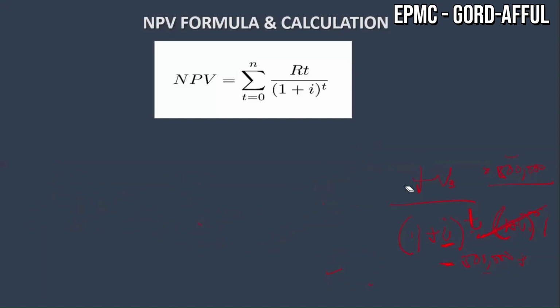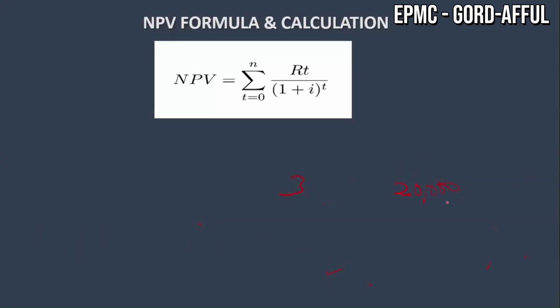You see another example for you to understand, but I want you to know how to work these ones out. So imagine, let's assume in year 3, we're expecting a net cash flow of about 20,000.